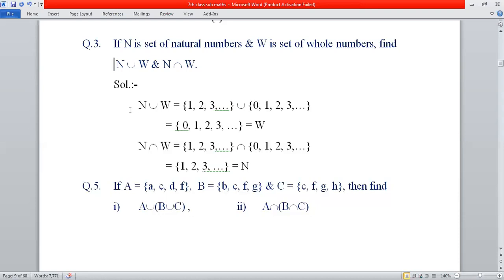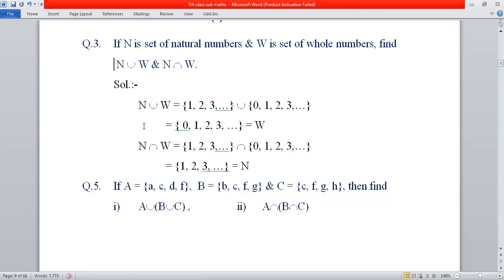When we write the union, union means all the elements of the first set and all the elements of the second set. So what will come? 0, 1, 2, 3 and so on, which is equal to W. It means the union of natural numbers and whole numbers is equal to whole numbers. So the first part we solved here.